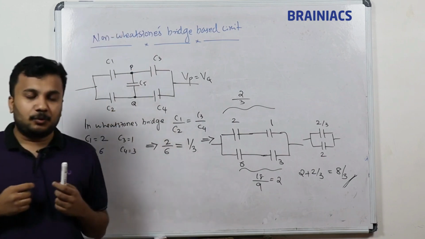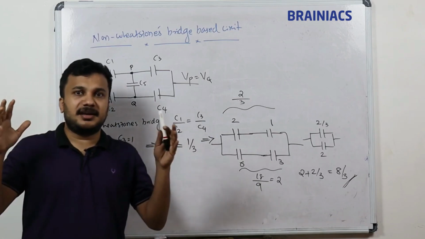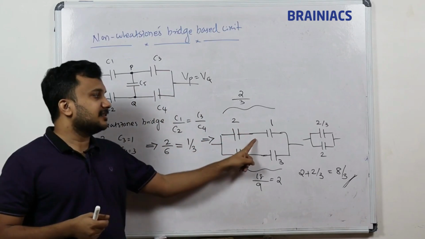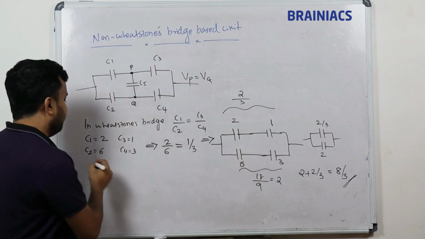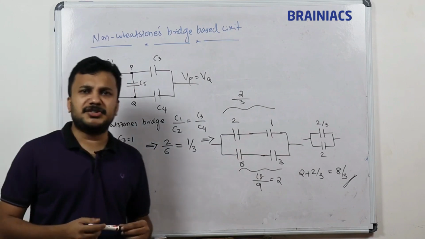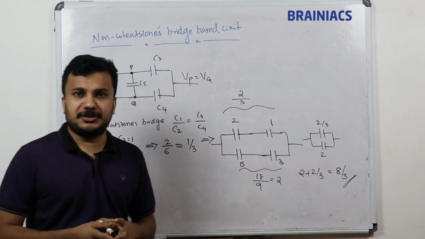So here what makes for simplicity is that the C5, the middle capacitor, we can ignore here. Whatever the middle capacitance C5 is, even if C5 is equal to 10, you don't have to draw it. Why? Because it is a balanced Wheatstone's bridge.